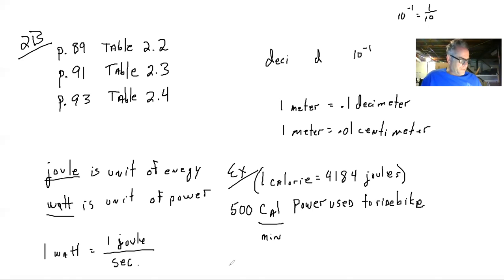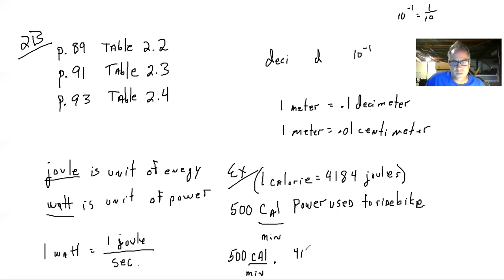So it would look something like this. I'm kind of running out of room. Let's see if I can pull this off. Calories per minute. Now I want to get to joules per second. So first, I need to get to joules, and we've already stated that 1 calorie is 4,184 joules.